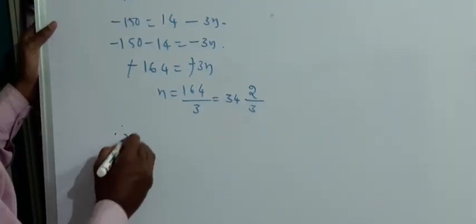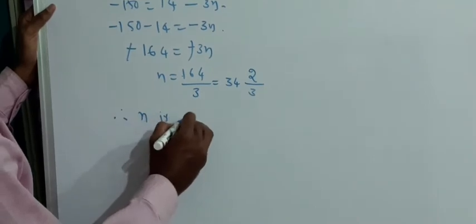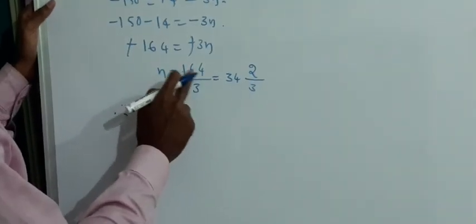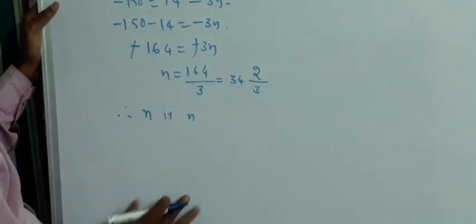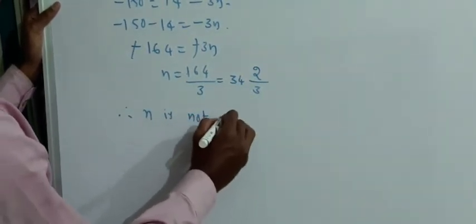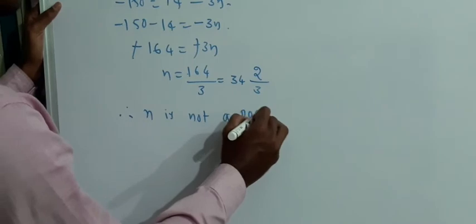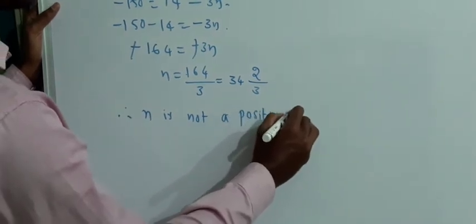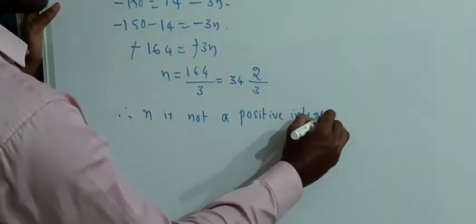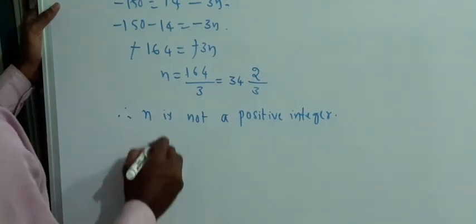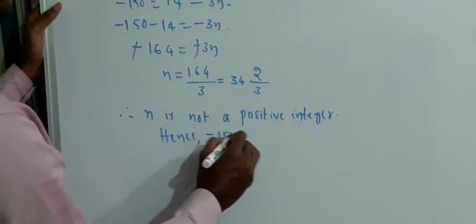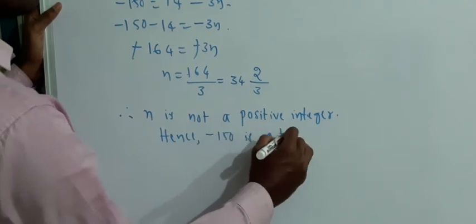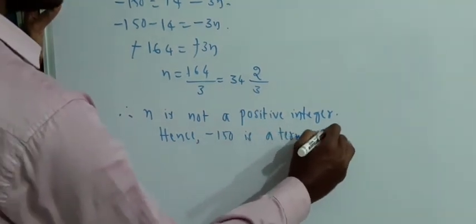Therefore n is 164 by 3, which is 54 and 2 by 3. n is not a positive integer, hence minus 150 is not a term of the AP.